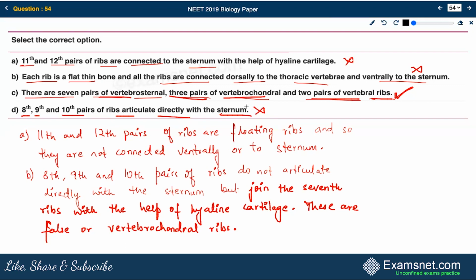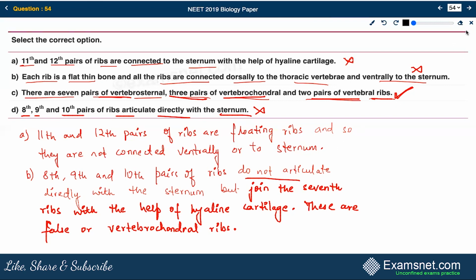No, they do not articulate directly with the sternum, but they join with the 7th ribs with the help of hyaline cartilage, and that's why they are considered to be vertebrochondral ribs. So, out of the 4 statements, option C is the correct answer.